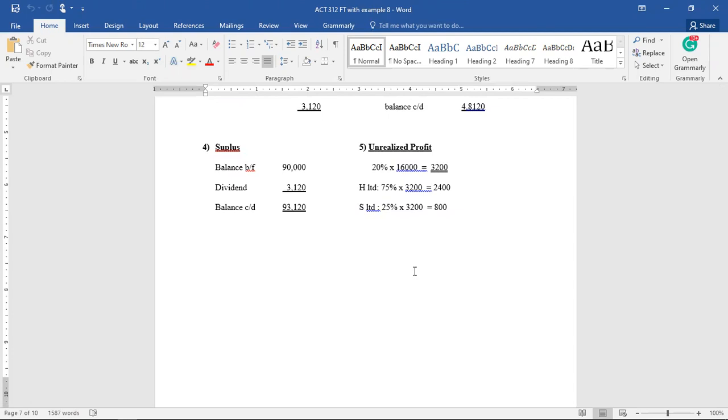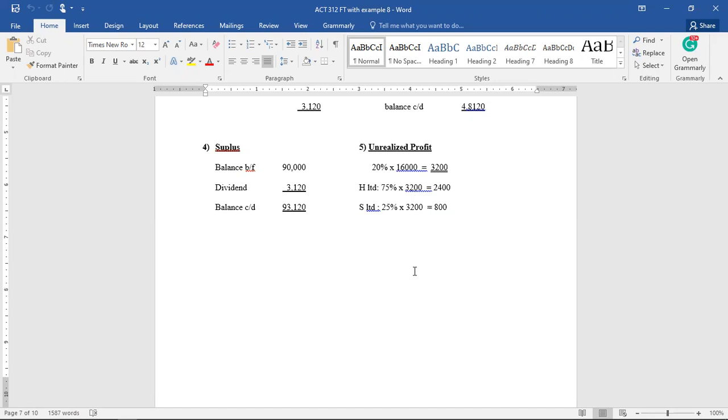If the parent is selling to the subsidiary, there is a way to treat it. If the subsidiary is selling to the parent, there is a way to treat it. And so therefore, it's your duty to also go and understand and know that this is how it is treated.